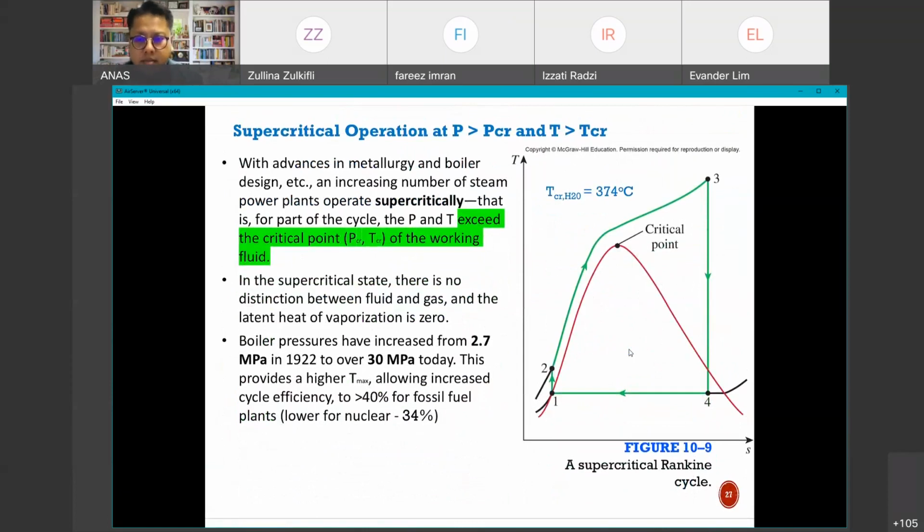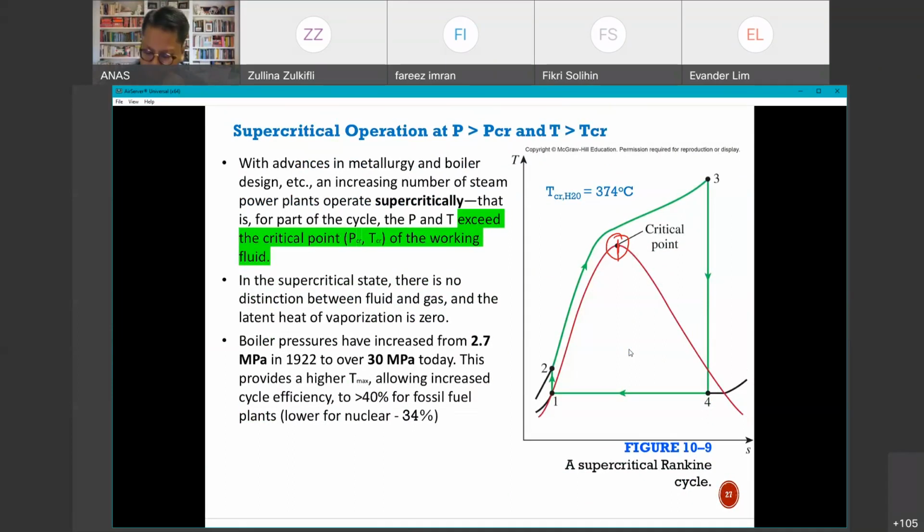But nowadays, to avoid passing through the mixture region, most of the power plants operate supercritically. What it means is that the P and T exceed the critical point of the working fluid. If you remember, the critical point is located in the middle here, where you have 50% liquid, 50% vapor.